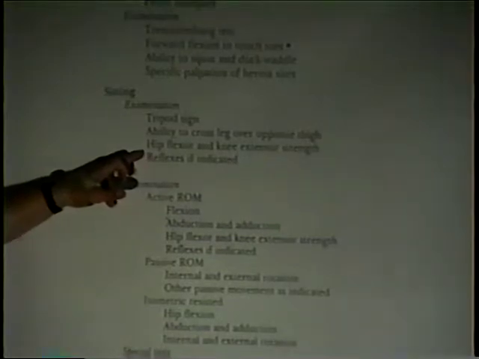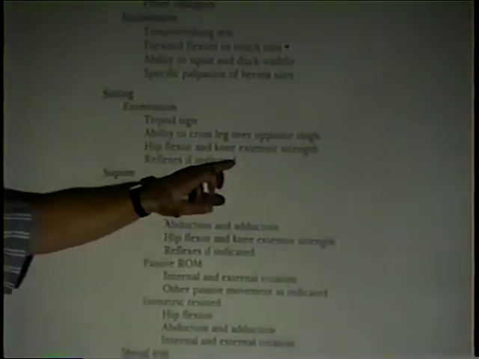We've done that, but we know the answer to these sorts of things. And the tripod sign. This is going into extension of the knee. Does the patient lean back to eliminate the stresses on the sciatic nerve? The way that we would look at someone who is, in fact, giving us the wrong information.